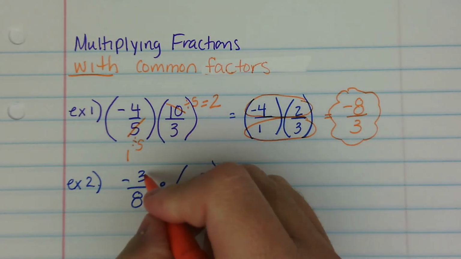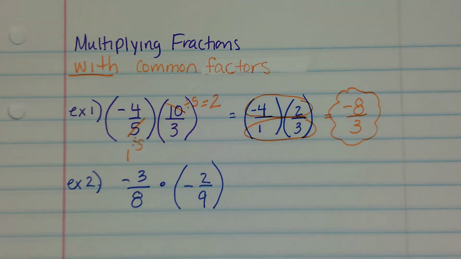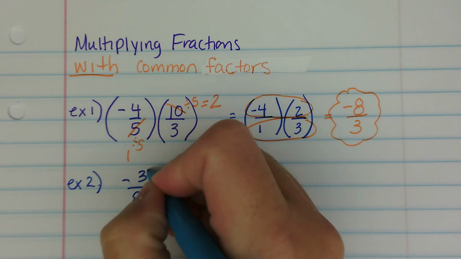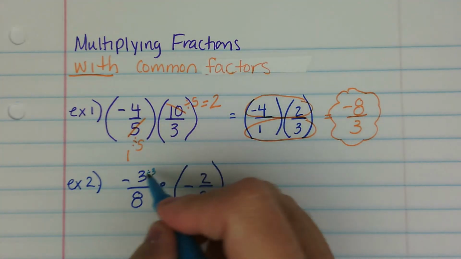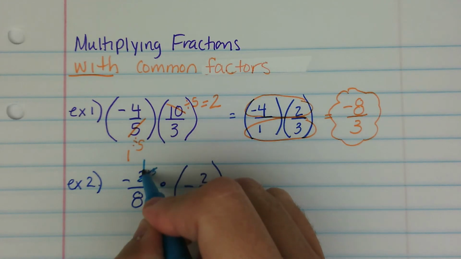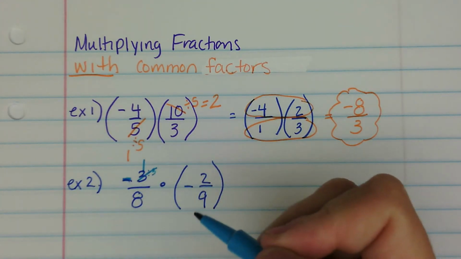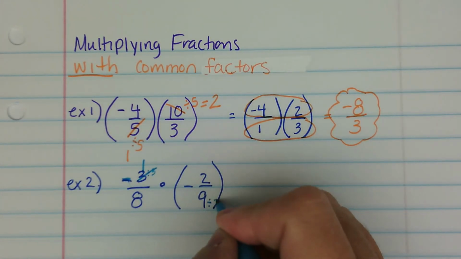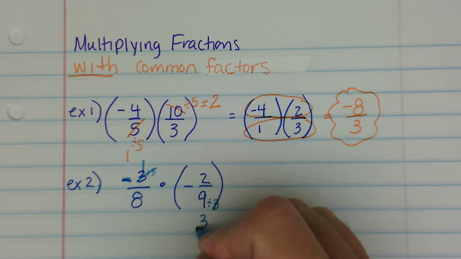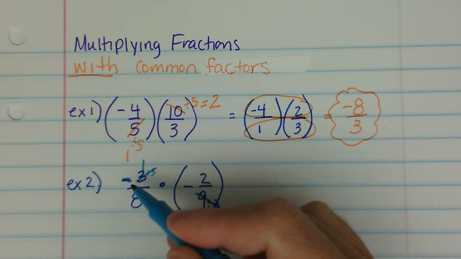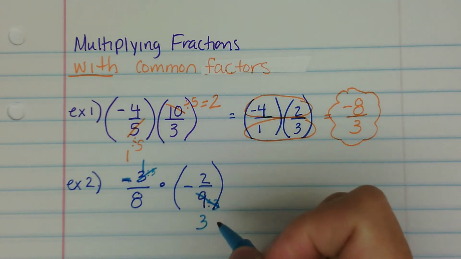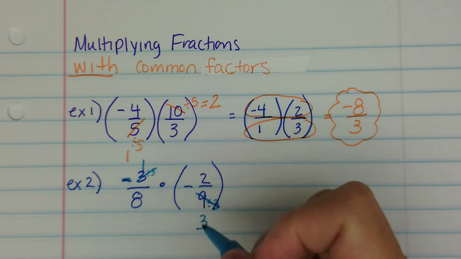So -3 divided by 3 is going to give me a -1, and 9 divided by 3 is going to give me a 3. See what I did? I crossed it out, divided them each by 3, and I ended up with a -1 and a +3.